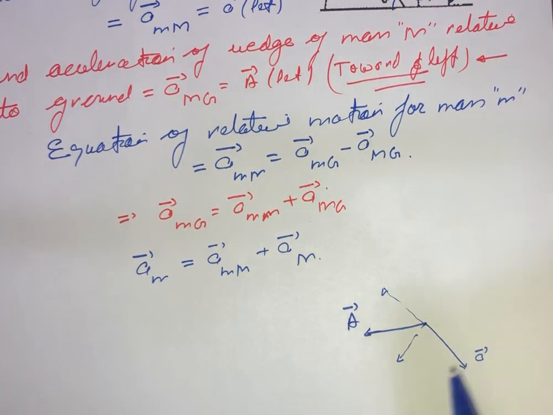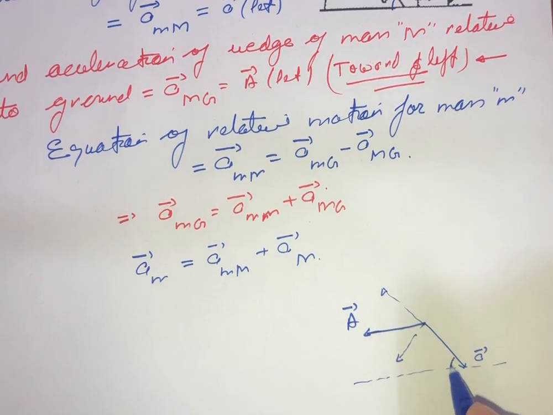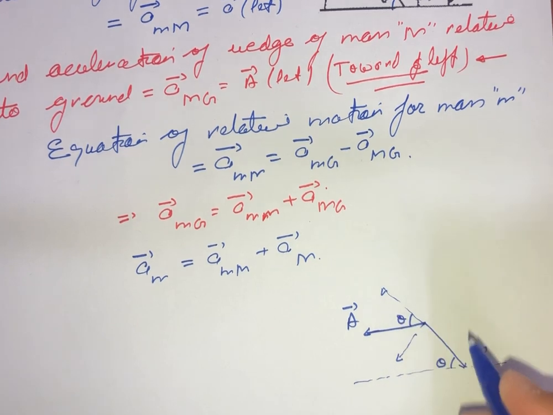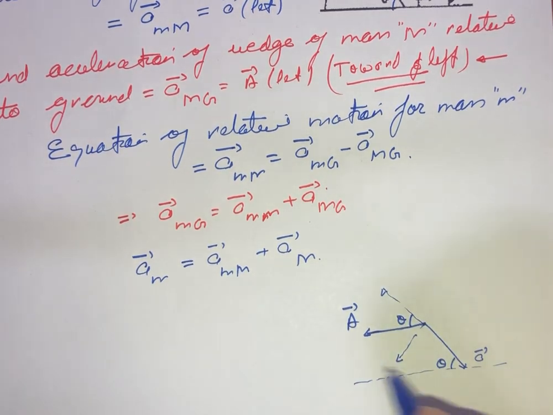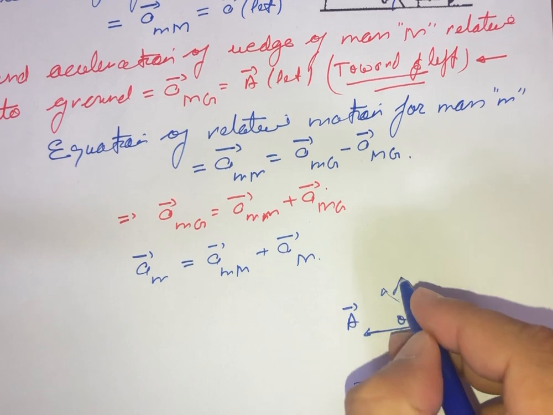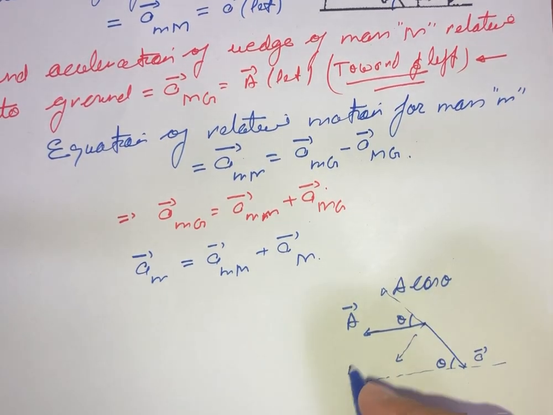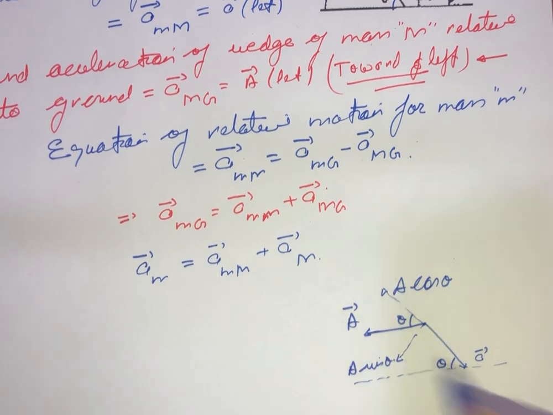This angle is given as theta, and we are going to have this component as a cos theta, and this as a sin theta.